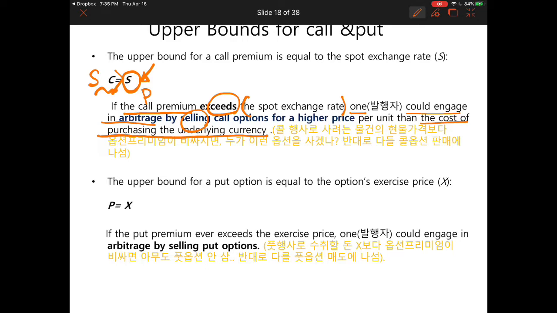If the call premium exceeds the spot price and I became a seller of the call option, the revenue, the selling price, is higher than the cost. Selling a call costs me, the writer, the purchase of the underlying asset at the current price, which is S. If S is lower than the selling price, I'm making a gain. So it will not happen.